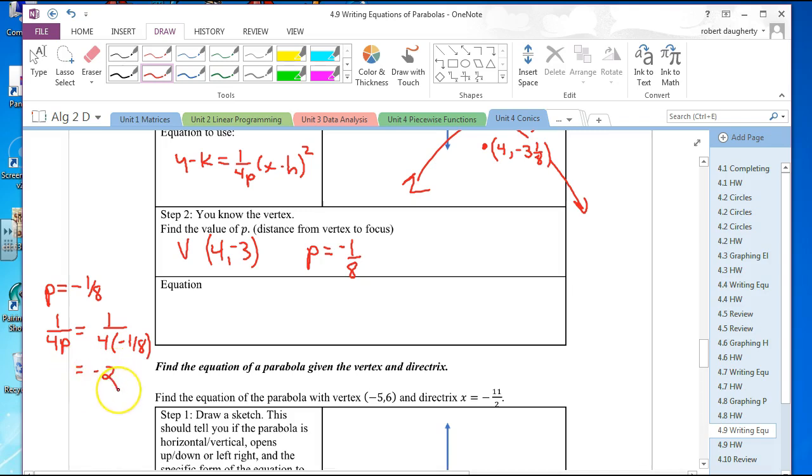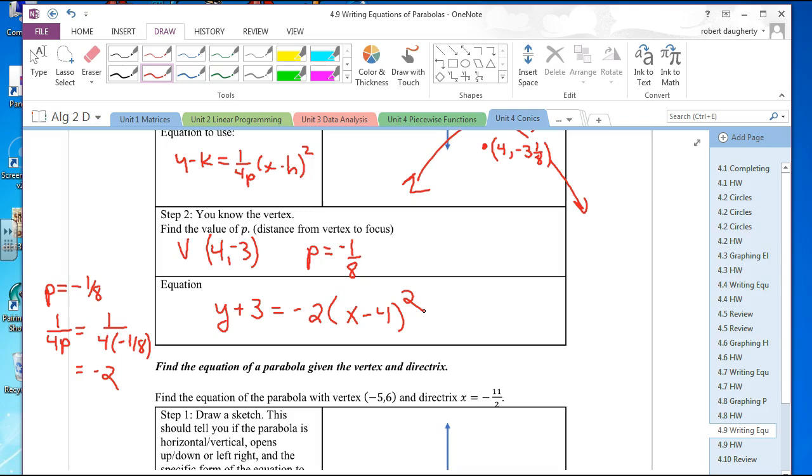So this is just negative 2. So the equation is what? Y plus 3 equal what? Yeah, 1. It's 1 over negative 1/2, or just negative 2. And then what? Yeah, x minus 4 squared. Yeah, so you got it? Okay. If you need to add extra steps there, that's good.